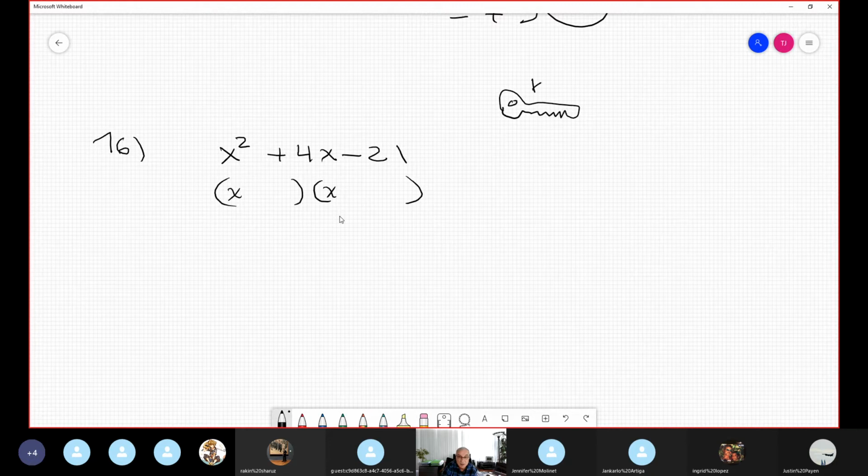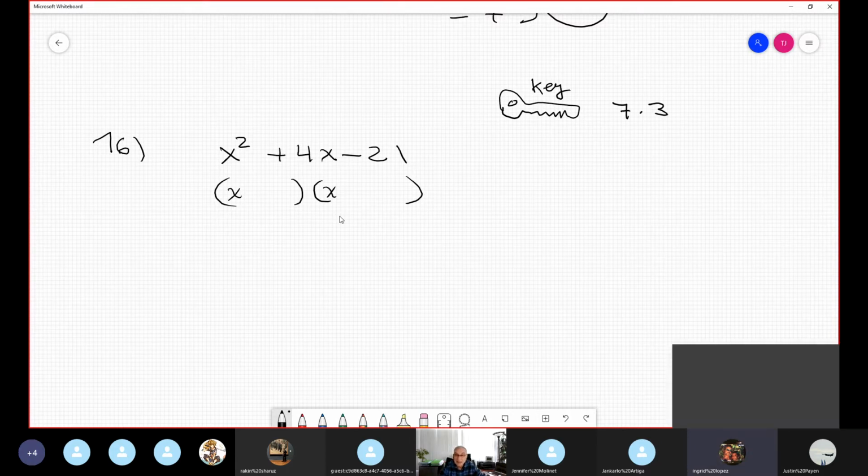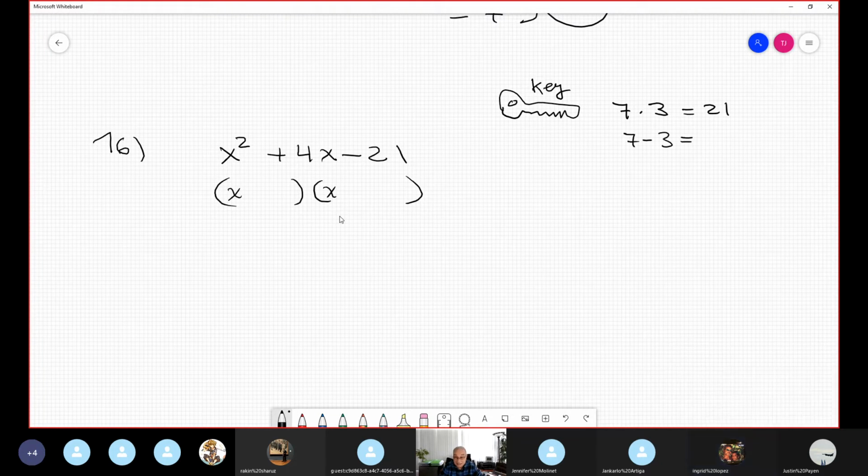What is the key? Two numbers that multiply to give me 21. Somehow, 7. 7 and what? Times 3 is 21. Exactly. 7 times 3 is 21. Then the sign is where I want to get. Entonces, and 7 minus 3 is 4, correct?